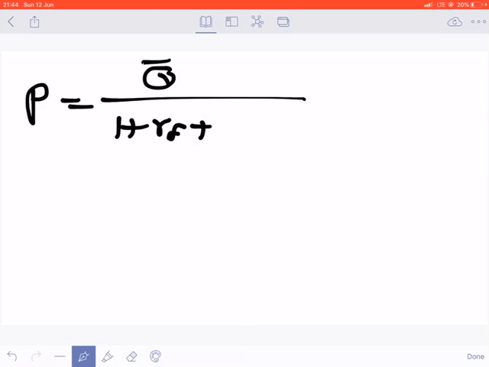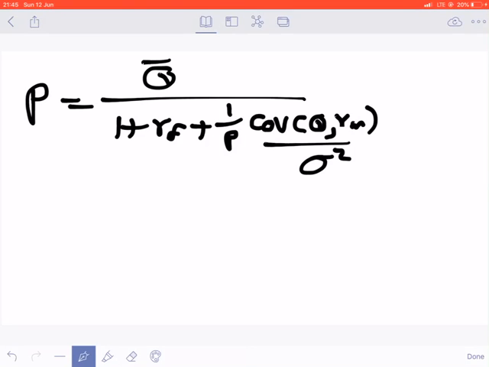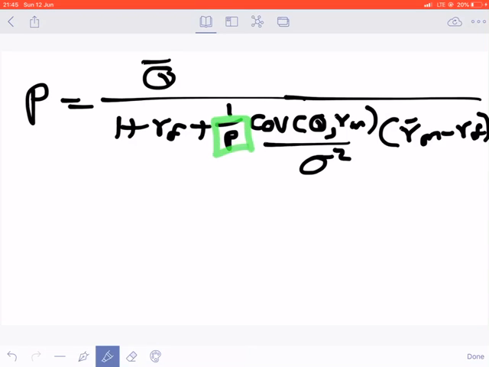So instead of writing the covariance of the rate of return of security I and the market, I can just write 1 over P, the covariance of payout and the market over the variance of the market, everything multiplied by the market excess return. So since we have P on both sides, we should make P the subject of the formula.